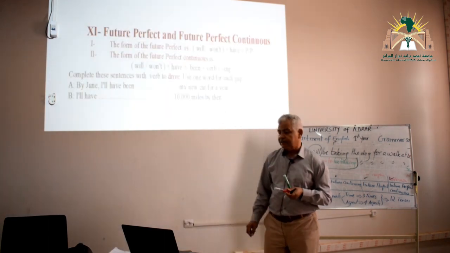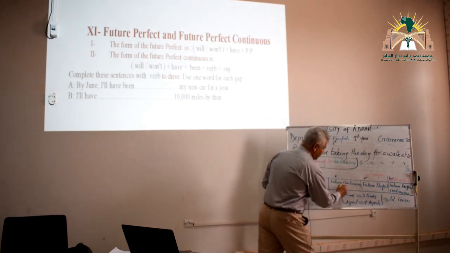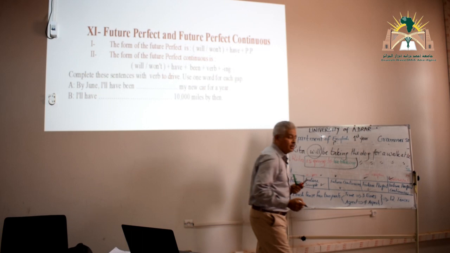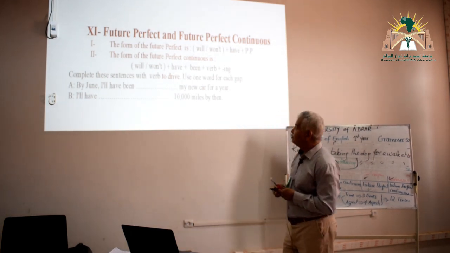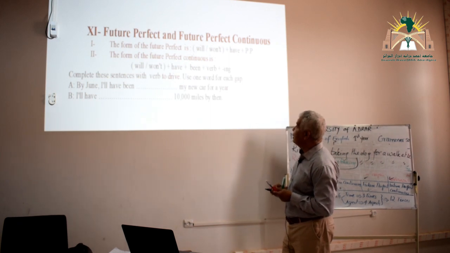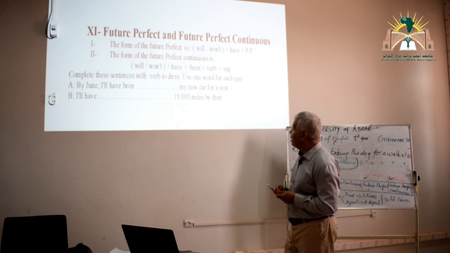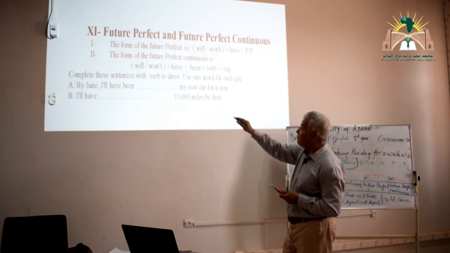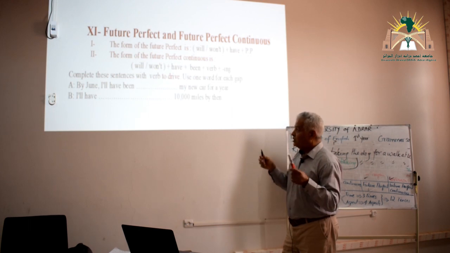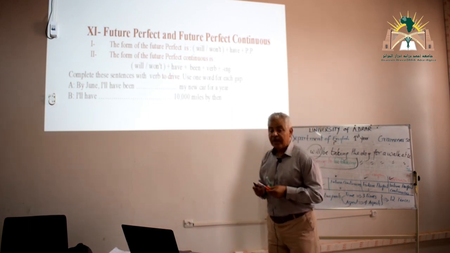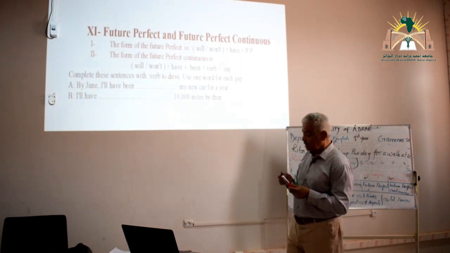The next tense, so we finished with the future continuous, is the future perfect. For the future perfect, we talk about the form will plus have plus past participle. We have these two sentences as an example to have an idea about the future perfect and future perfect continuous.